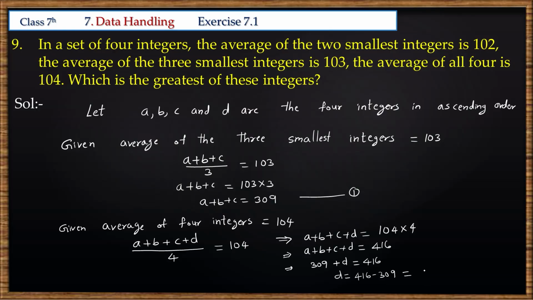That is equal to 107. So therefore the greatest integer is equal to 107. This is the answer.